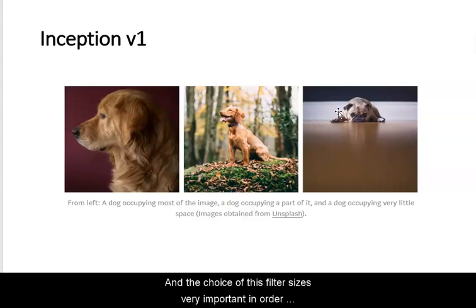The choice of this filter size is very important in order to capture the information or the object present in our image. For example, a larger kernel is preferred for information that is distributed more globally.